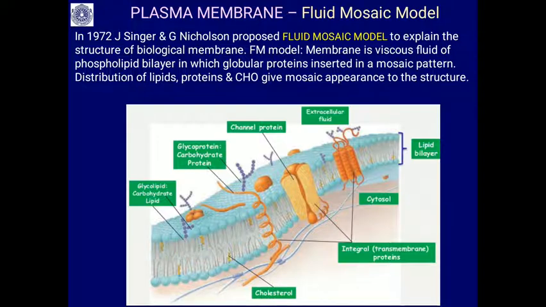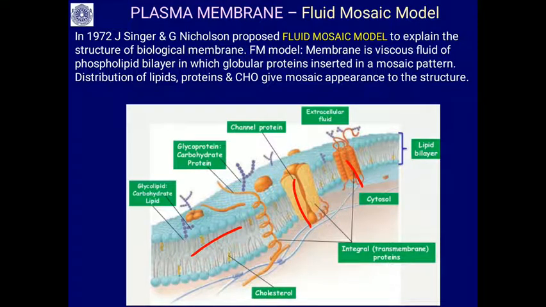This fluid mosaic model is the most accepted model now. According to this, the membrane is a viscous fluid. It is a viscous fluid because of the phospholipids, it is an oily or viscous fluid, a phospholipid bilayer, in which globular proteins are inserted in a mosaic pattern.